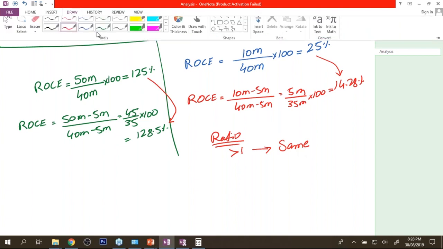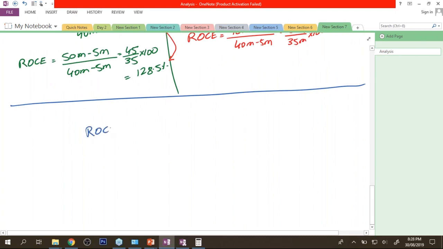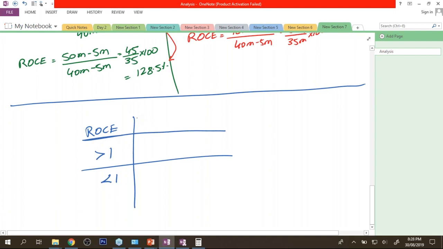Getting this point of mine? Or let me prepare a table for you. Let's suppose the ROCE or any other ratio may be above 1 or maybe below 1. So if the profits are increasing and the value is below 1, the ROCE will also increase. It will have the same impact. And if it's more than 1, it is going to have the opposite impact, which means increasing the profit will decrease the ROCE.